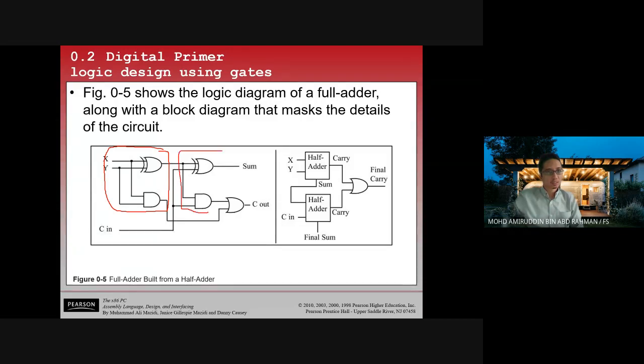We use XOR and AND, XOR and AND, and then another OR gate. So this becomes a full adder circuit. A full adder is built from two half adders and an OR gate. This was also learned during the electronics course.